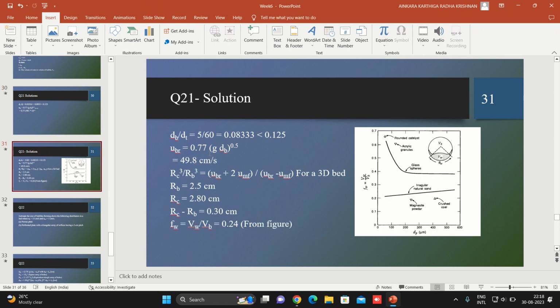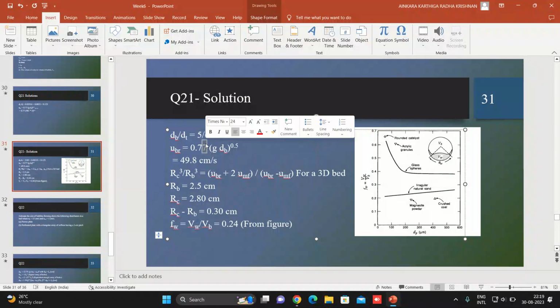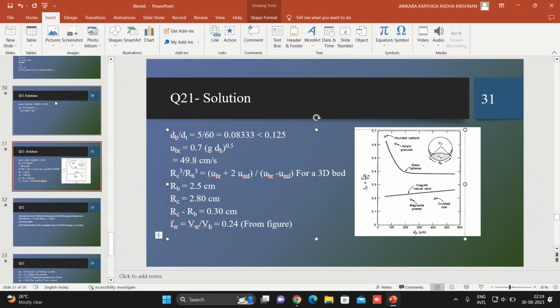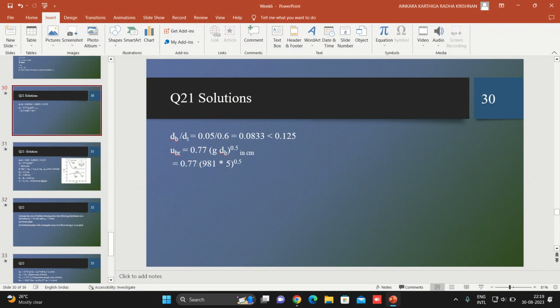It is not 0.77, it is 0.7. So this gives us the value of 49.02 centimeter per second.